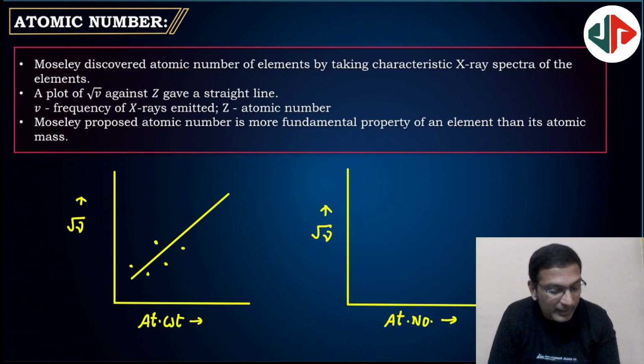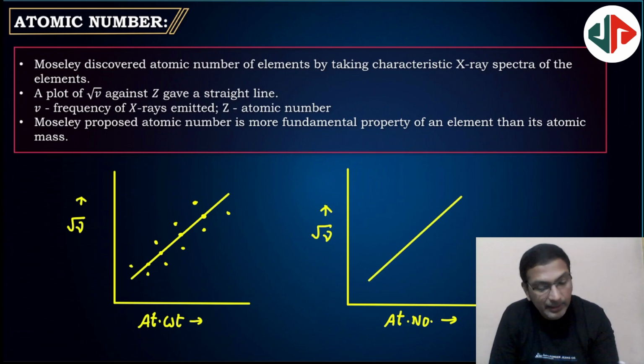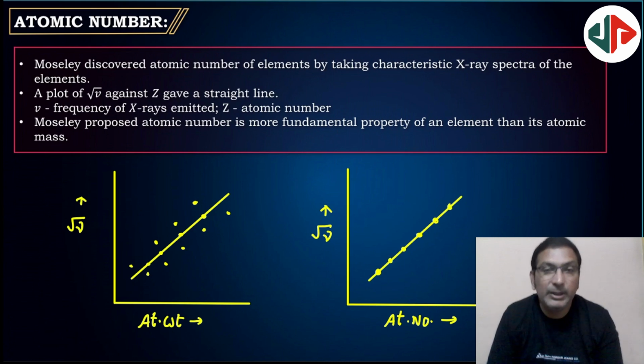That means so many points were missing from the normal line, an irregular graph. But the graph between frequency and atomic number is a regular graph. Here root nu is frequency of X-rays emitted by different elements, versus atomic weight in the first graph.